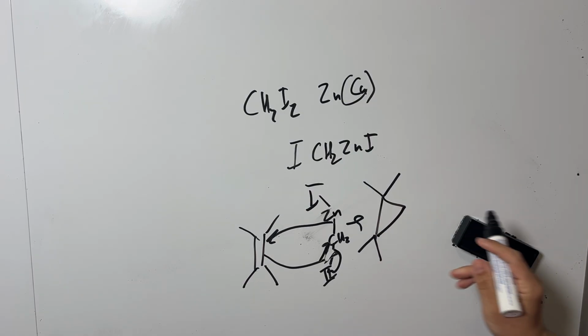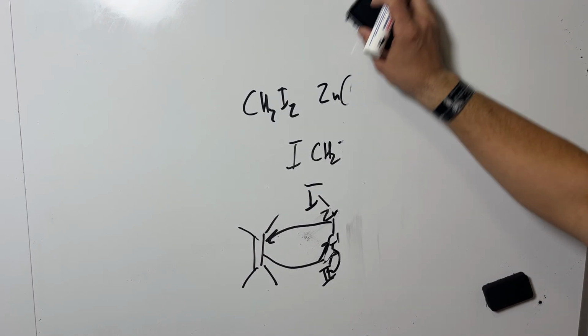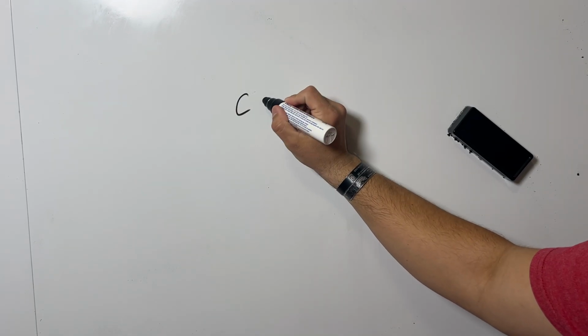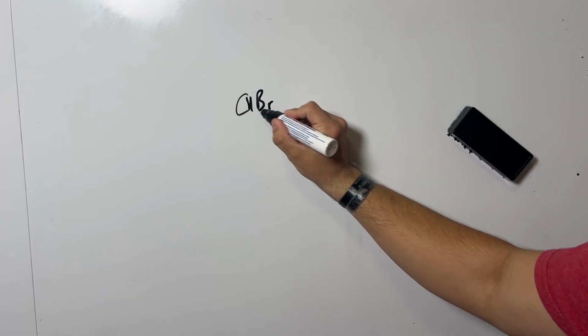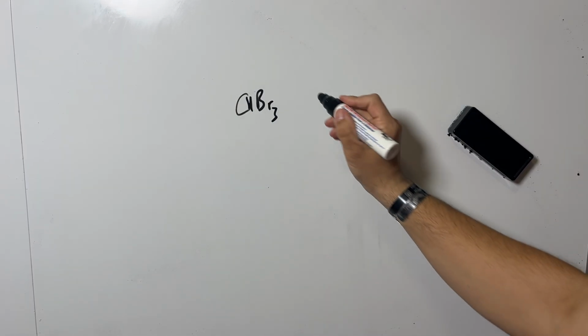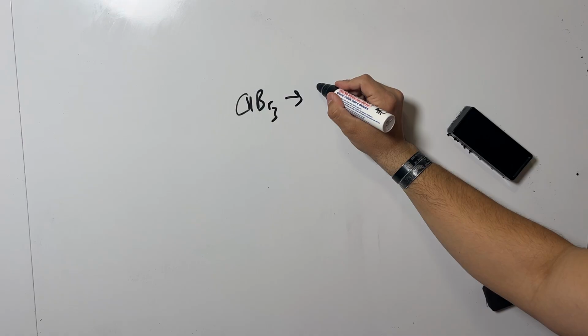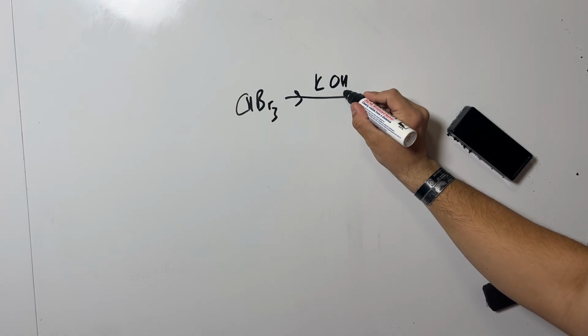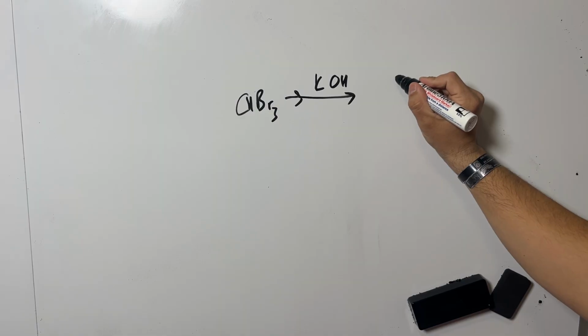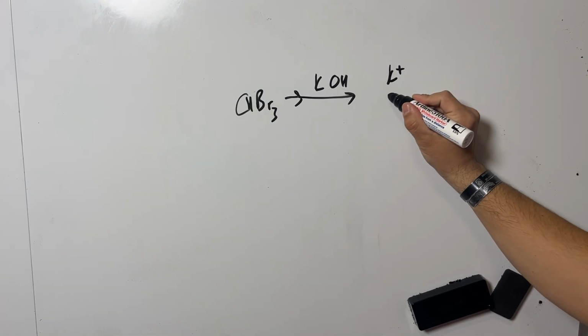Now, there's another way we can do that, and that's with trihalomethanes. So if you have a trihalomethane, I'm going to use CHBr3. If you react that with potassium hydroxide, you're going to get potassium.